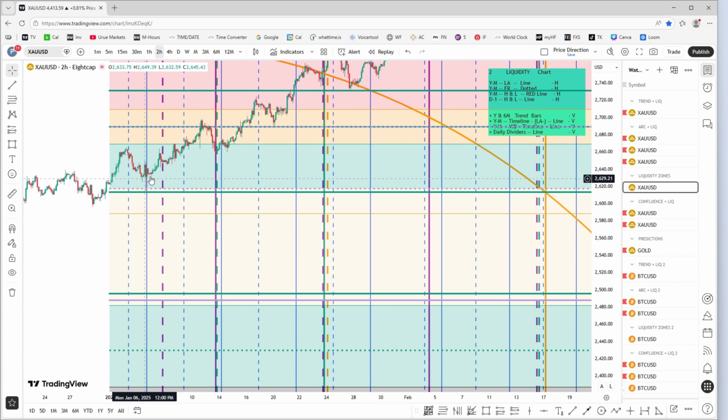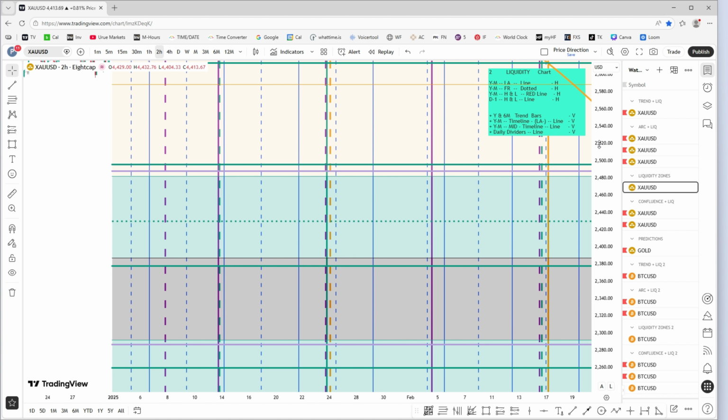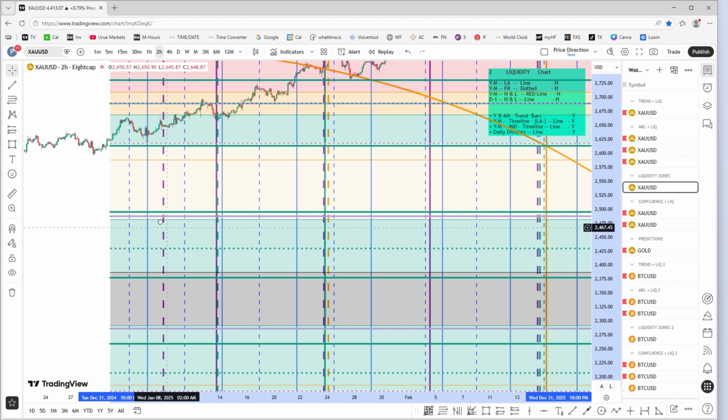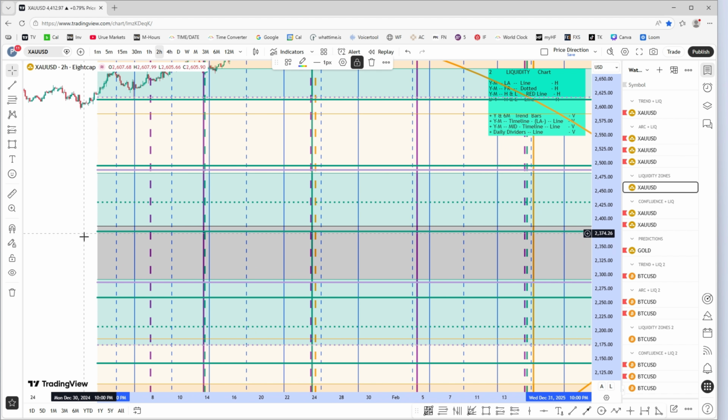So when price got in here, now take note, did I mention this was 0.618? No, this was around 0.7 to 0.8, this level. The black zone is 0.5, the green zone on top is 0.618. This is 0.382.